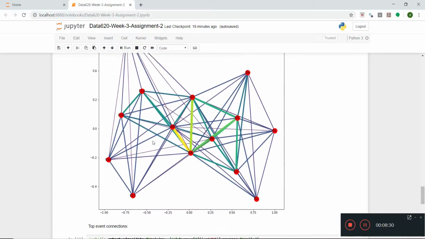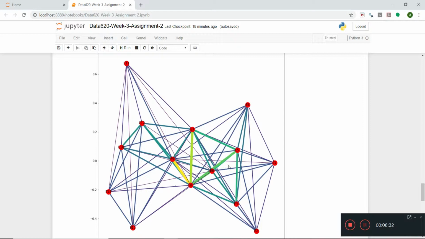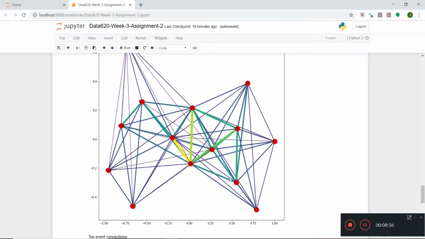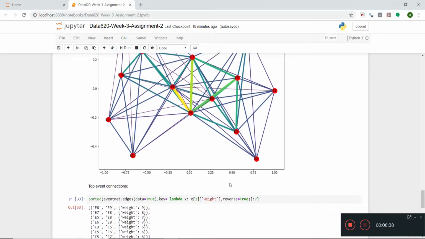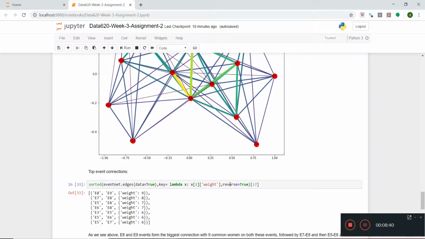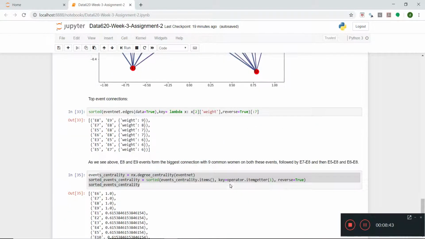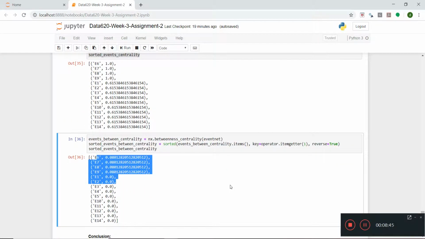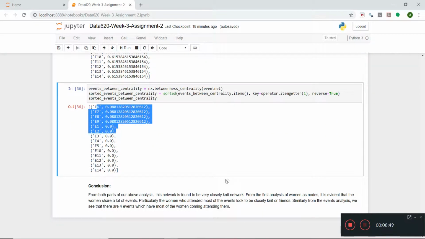Broadly speaking, if you see the two graphs, this one and the one above for the women, it's a very well connected graph. That means most of these women were good friends. That's what we can figure out from the graphs, and it's a very closely knit network.